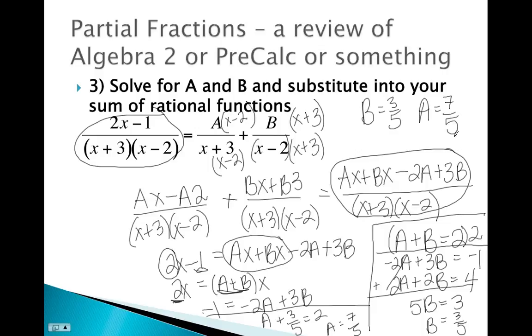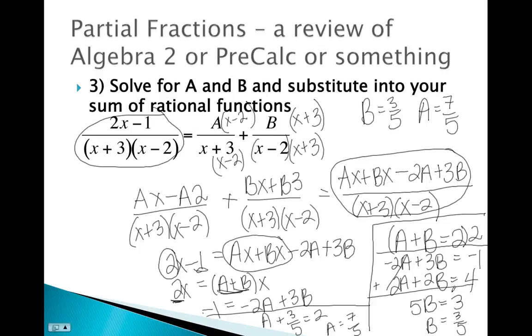All right. Let me talk through this one more time before we move on. What I essentially did was I split it into a sum of rational functions, and then I found common denominators, combined it, set it equal to the original rational function, and I solved for my constants using a system of equations. So my answer, you need to remember this, b is 3/5, a is 7/5.